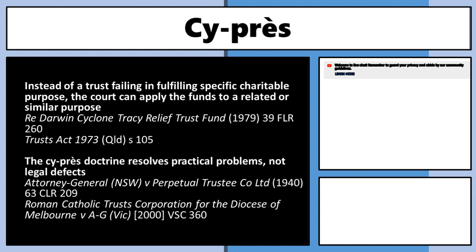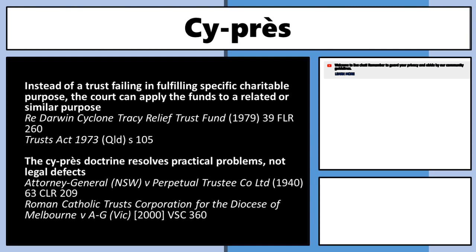An example here is the relief of other purposes beneficial to the community. Here, taking money for cyclone relief for a particular named cyclone, and if after you've done what you needed to do in terms of relieving that, everybody's happy, that town's been rebuilt, and you've still got money left for whatever reason.